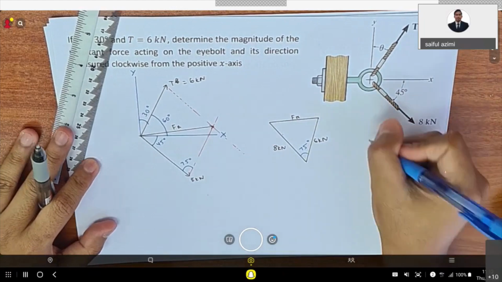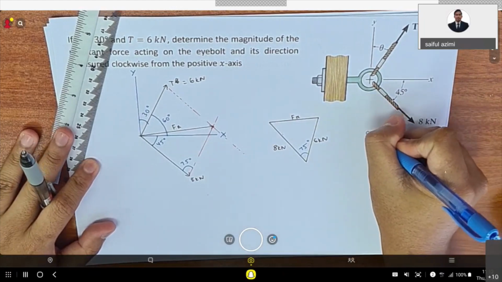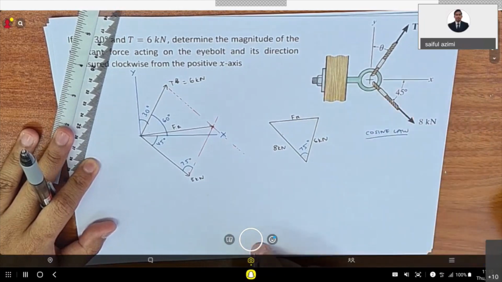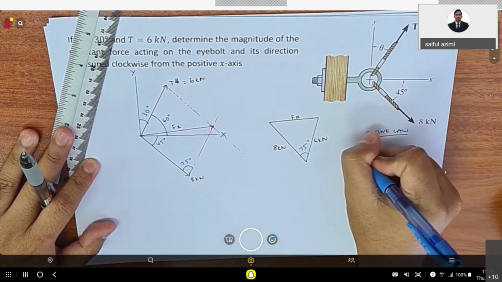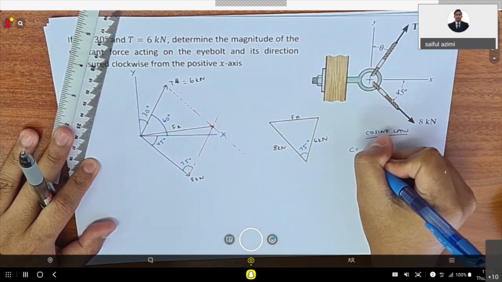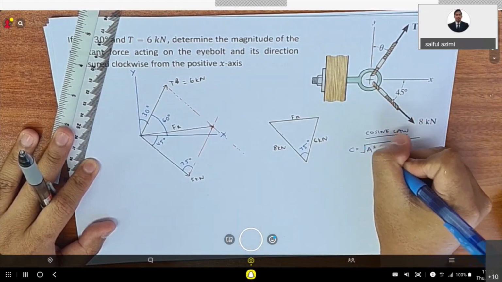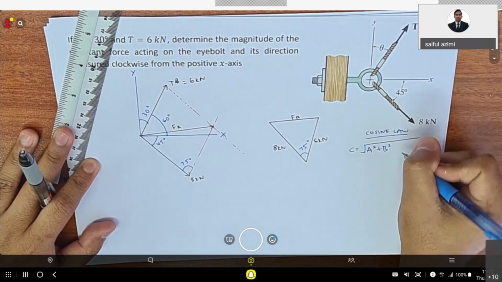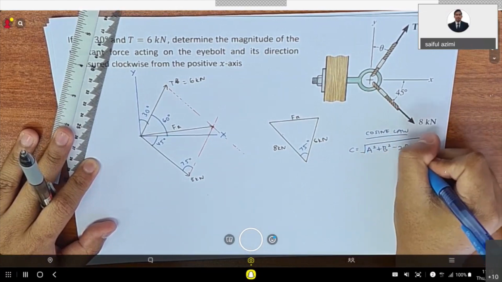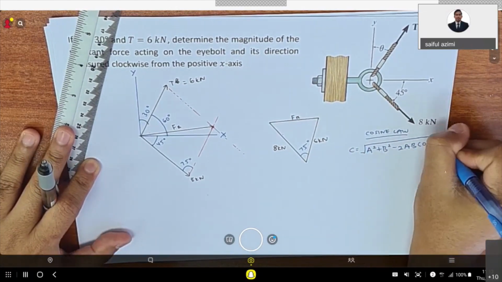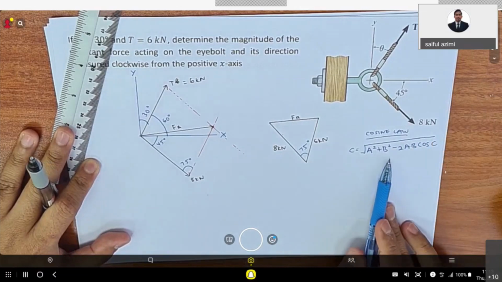For the cosine law, for example, C equals the square root of A squared plus B squared minus 2AB cos C. So this is your cosine law.